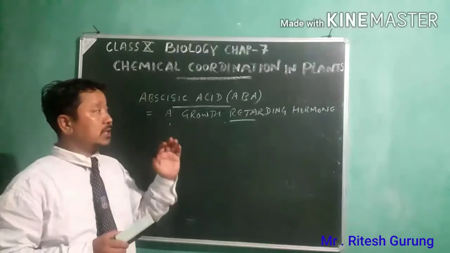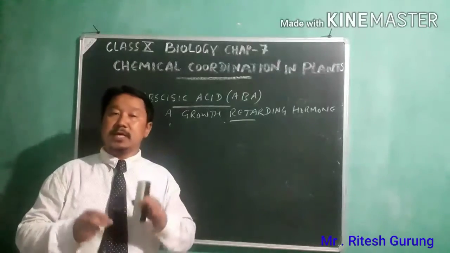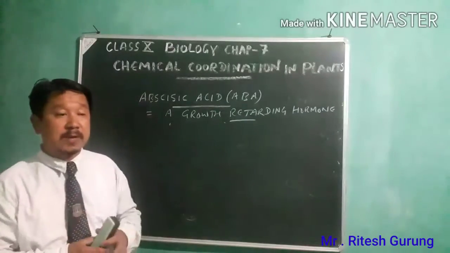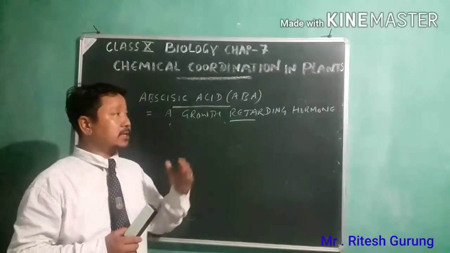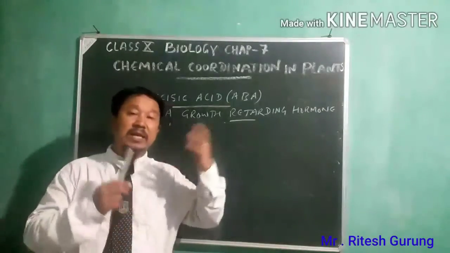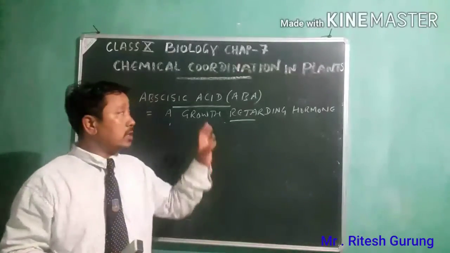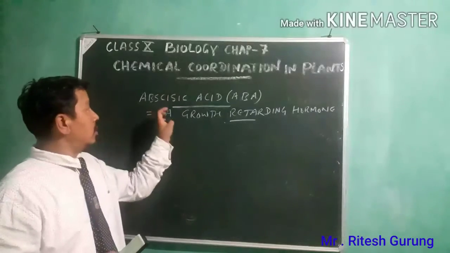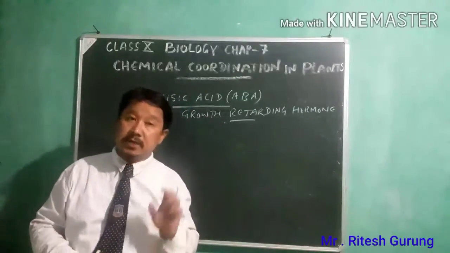It usually retards the growth of the plants, because if the plants are just growing and growing, there won't be a limit. So it is also known as a growth retarding hormone.